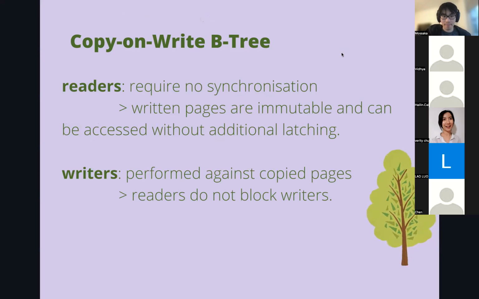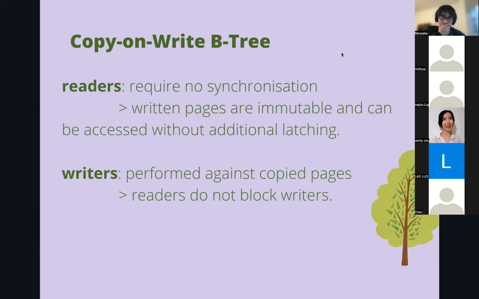After talking about the downsides, let's look into the advantages of copy on write B tree, in terms of readers and writers. For readers, it requires no synchronization, because written pages are immutable and can be accessed without additional latching. This is what we just explained and demonstrated.